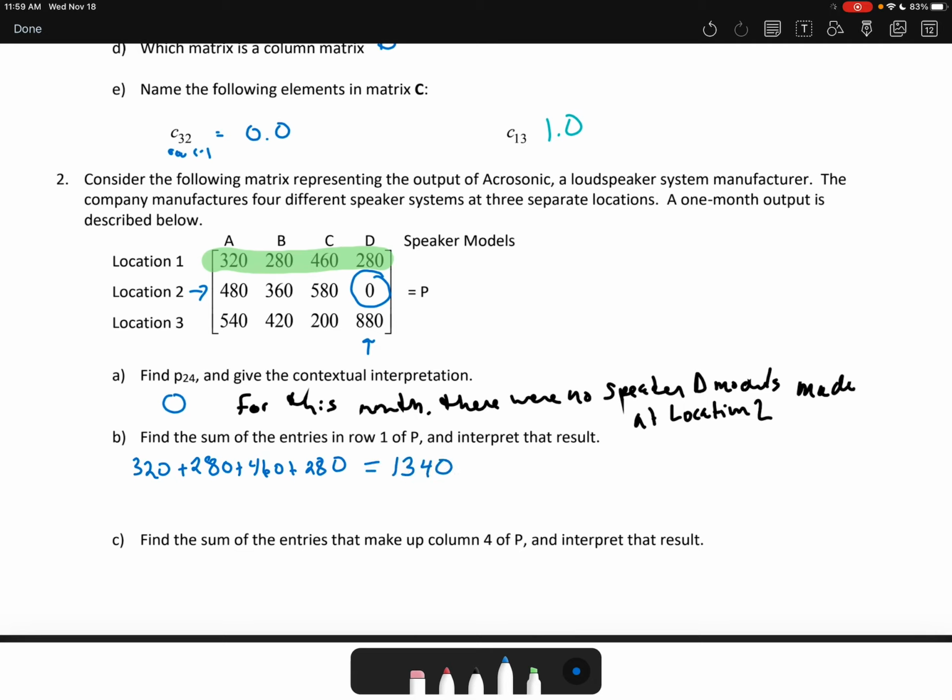So 1340, that would be the sum. And what does this stand for? Interpret that. Well, that is how many total speakers were made in location 1, for this particular month.